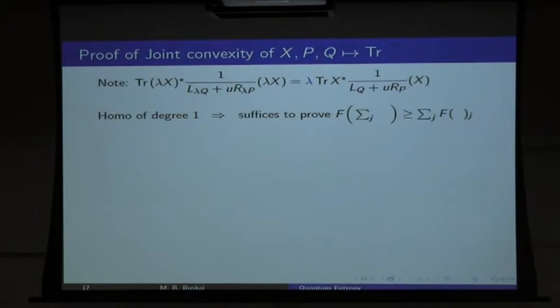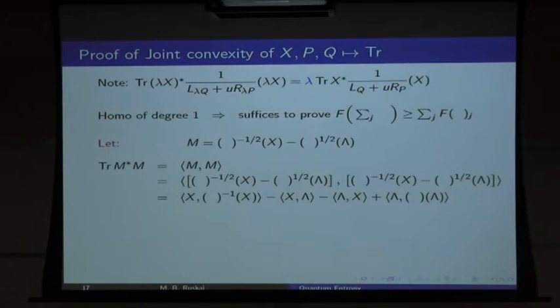Because this is a homogeneous function, we don't need the convex weight functions. We just need to prove that f of the sum is bigger than the sum of the f's. And we start by the observation that if you have trace of m star m, which I could write as an inner product with the Hilbert-Schmidt, it has to be positive. And I'm going to choose for m something to the minus 1/2 acting on x, minus something to the plus 1/2 acting on lambda, which I have not yet chosen, but will tell you about.